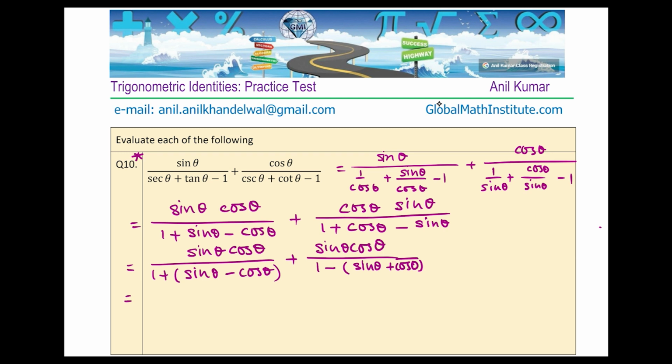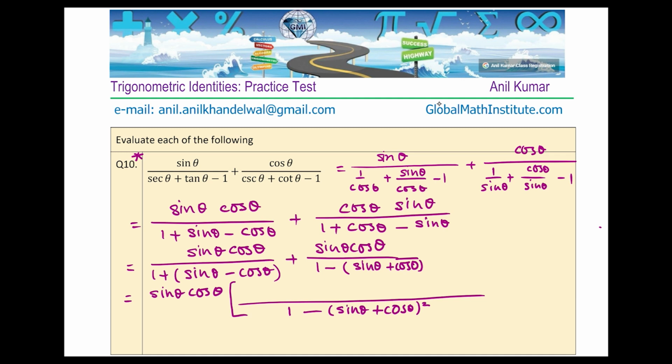So we'll just factor out sine theta cos theta, right? So we'll factor out sine theta cos theta. And in the denominator, we have 1 minus sine theta plus cos theta whole square, multiplying these two. And here we cross multiply, since we factored it out.